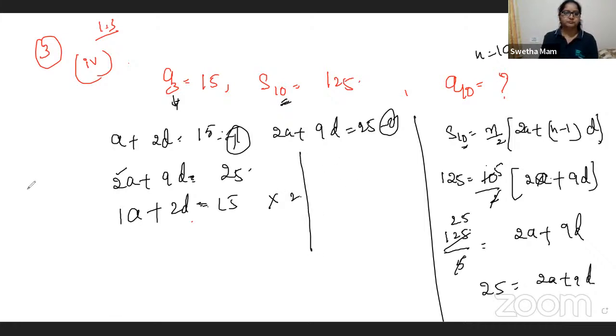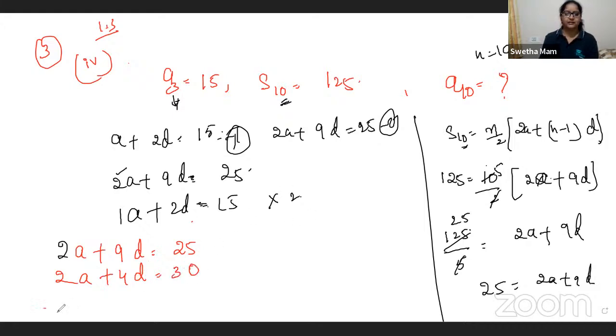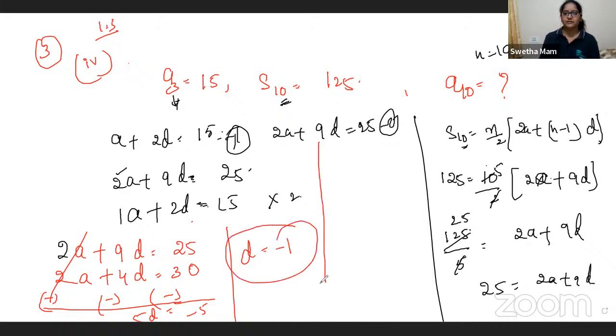See, I will write here. 2a plus 9d equals 25, write as it is, and the second equation becomes 2a plus 4d is equal to 15 into 2, that is 30. Now subtract the lower terms, minus minus minus, 2a gets cancelled. 9 minus 4 is 5d, that is equal to minus 5. So d is equal to minus 5 by 5, you get 1. Correct?